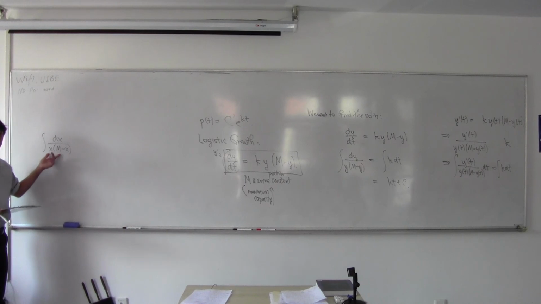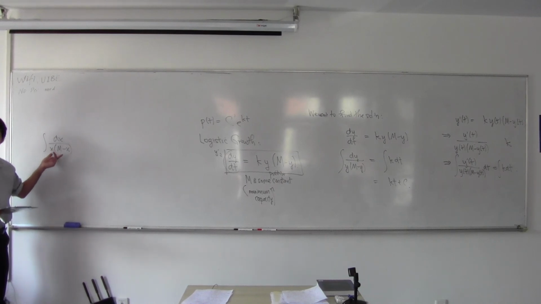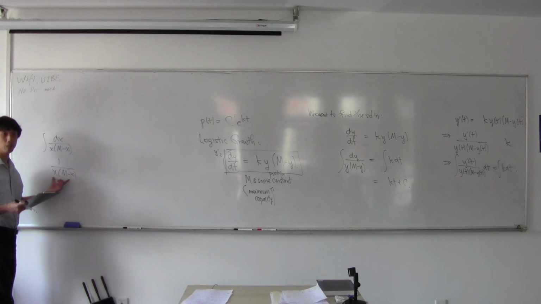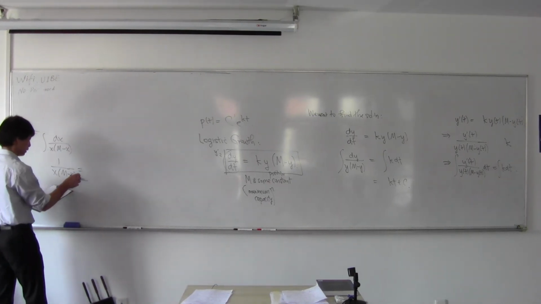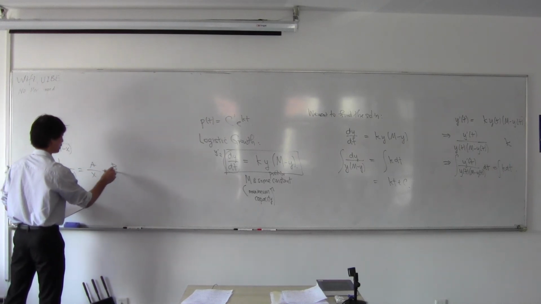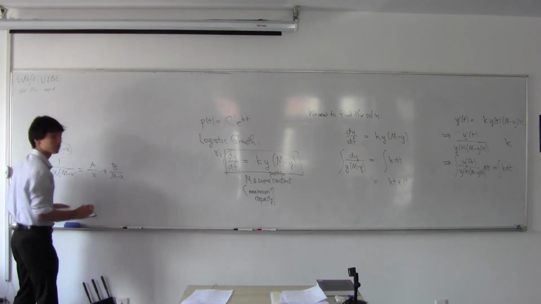You could use partial fraction decomposition. You see that you're integrating something where you have linear terms on the bottom, so you're going to express this as a over x plus b over m minus x.